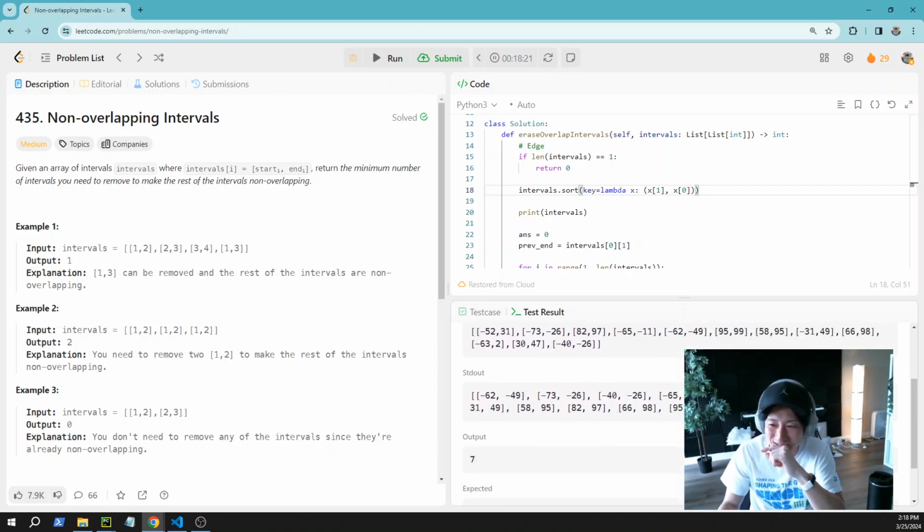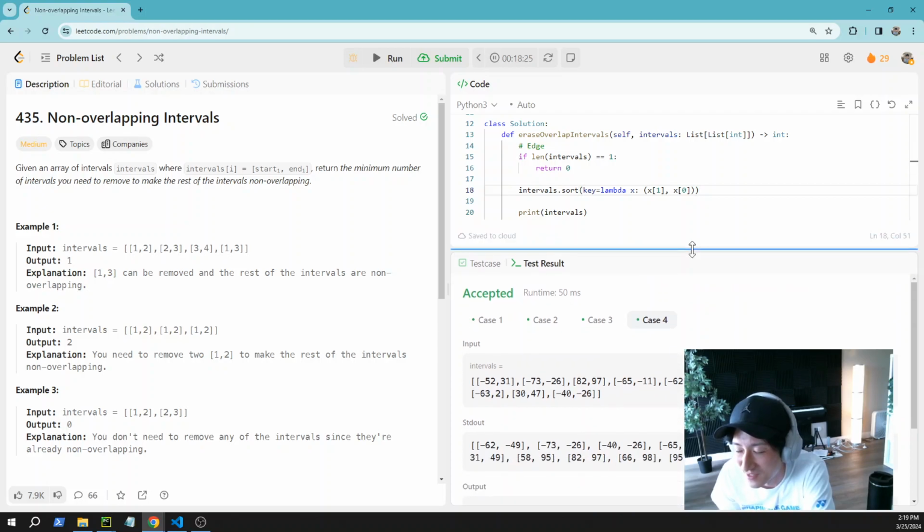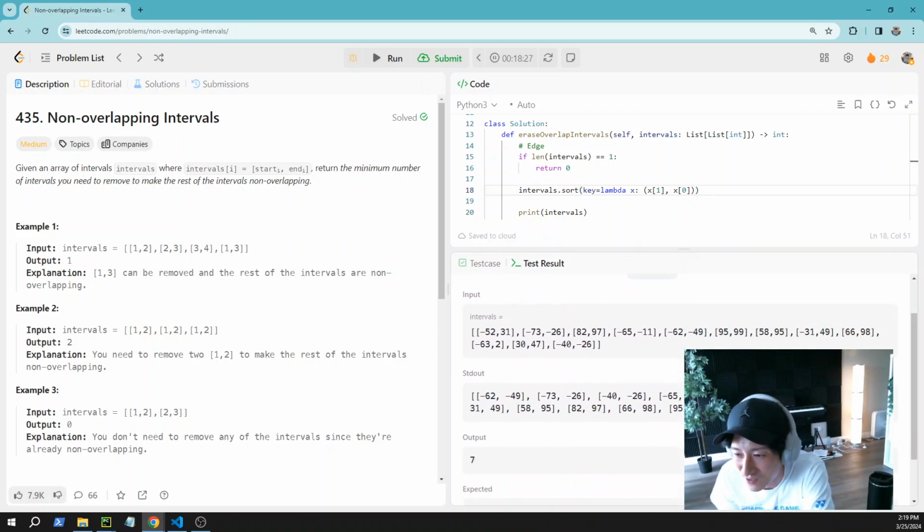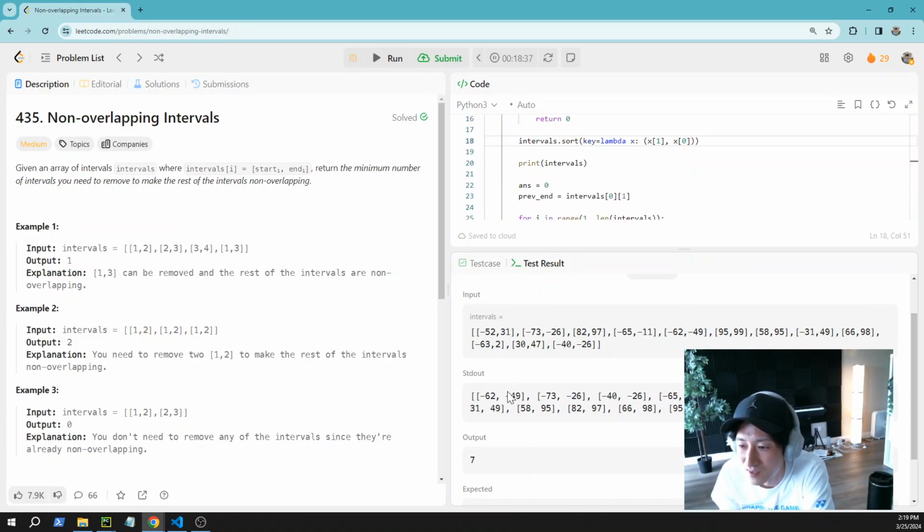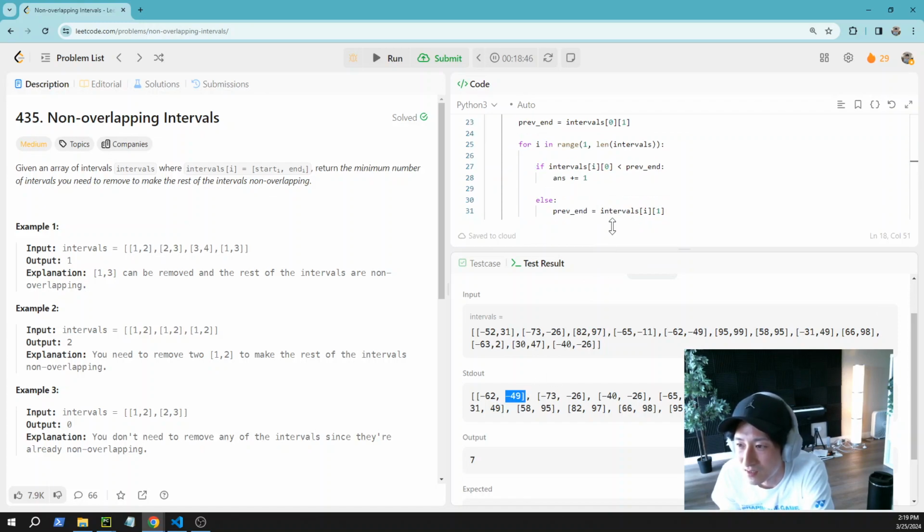So if I do this, well, somehow it's solved. But I don't have the logical English sentence to explain. Now it looks like it's obviously sorted by the ending. So we initialize with minus 49, overlap, and then previous ending compared to the start, right? Overlap.